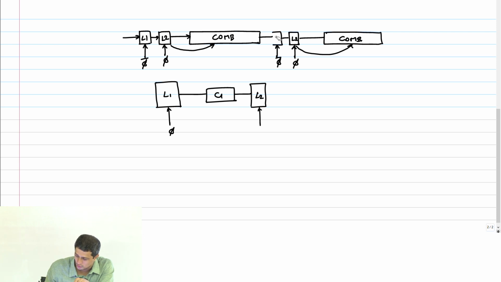Maybe I should call these L3 and L4. L2, C2. So this is combinational block C12, this is C34.